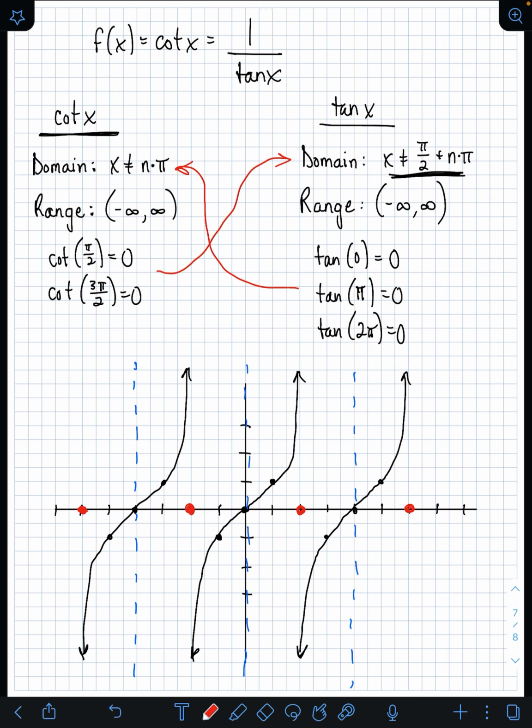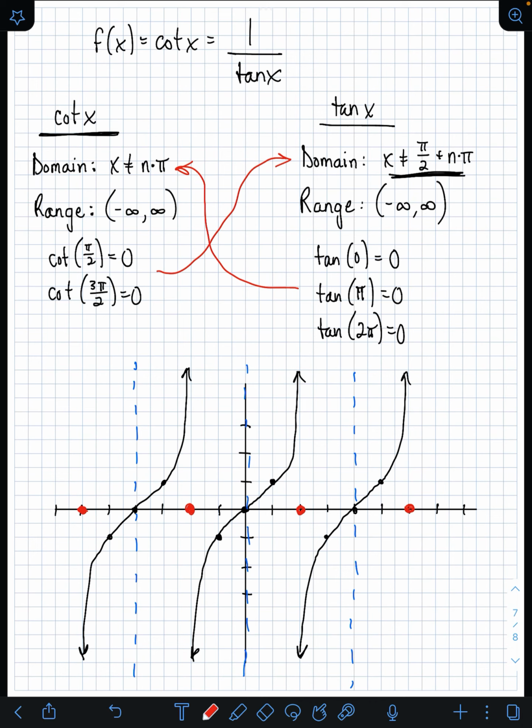So when one is 0, the other has an asymptote, and vice versa. Now, in between, much like with sine and cosecant, or with cosine and secant, when one graph is at its smallest, the other is at its biggest.